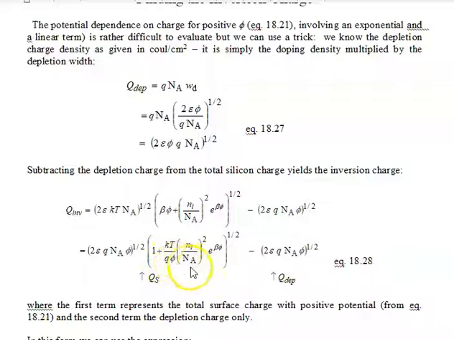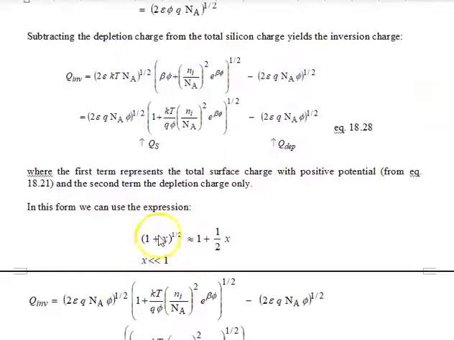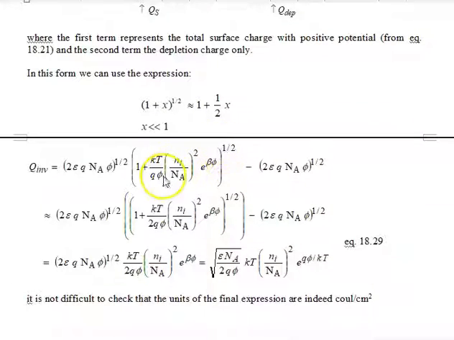Well, this still is not a particularly simple thing to evaluate. And what we do is we take this expression right here and we expand it as a binomial expansion. It's 1 plus a small number to the 1/2, which is approximately equal to 1 plus 1/2 times this small number. And we do that right here.